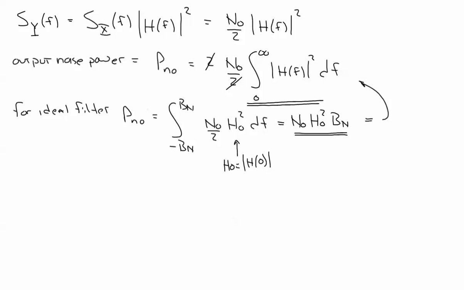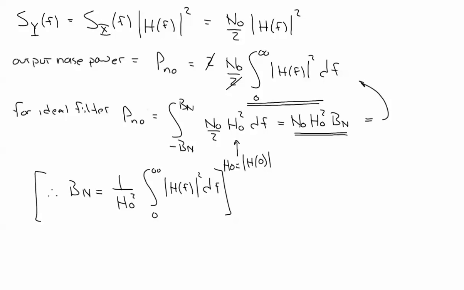Solving then for B_n, my noise equivalent bandwidth, I get B sub n equals 1 over H0 squared, integral from 0 to infinity. That is my result. Okay? We'll do an example with this in just a few minutes.